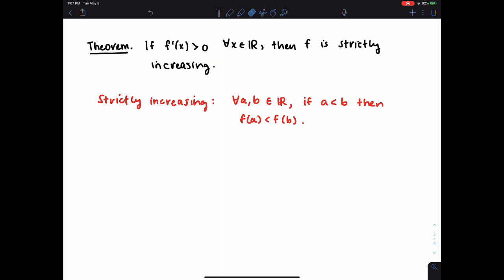But notice here, I've now sort of given us an idea to maybe use the mean value theorem, because I've introduced this notation of A and B. My whole goal is to prove that for arbitrary A and B, I can get this relationship between f of A and f of B. So my goal is going to be to apply the MVT to the interval AB.